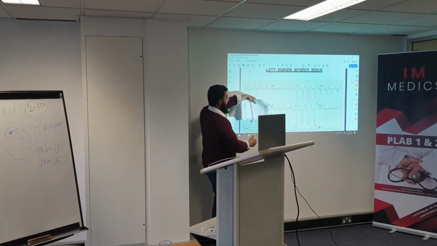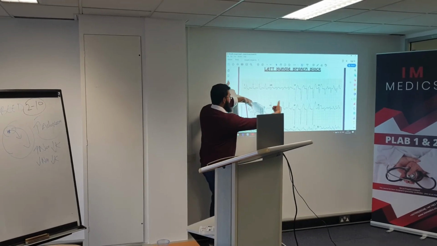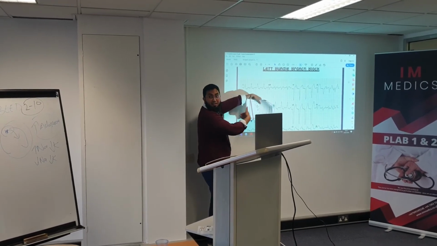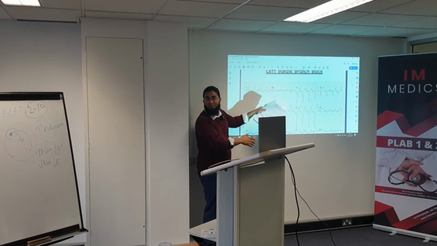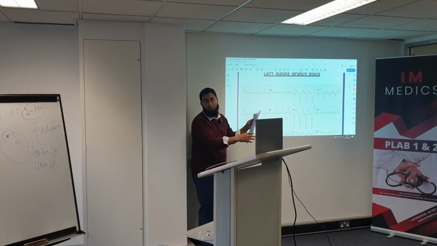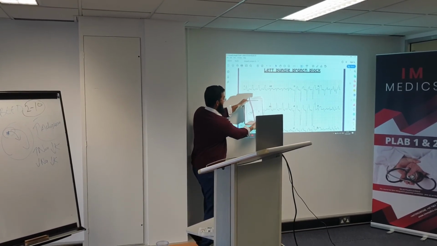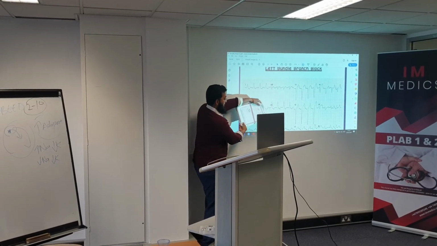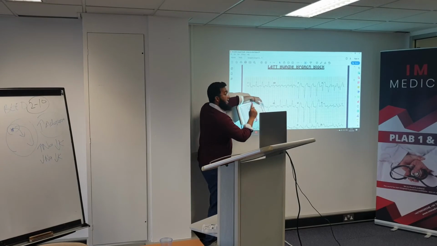Now, this pointy part here is pointing left, so this will be LBBB. If you turn it the wrong way around, you get it wrong. Pointy part is more towards the left, so it's LBBB.